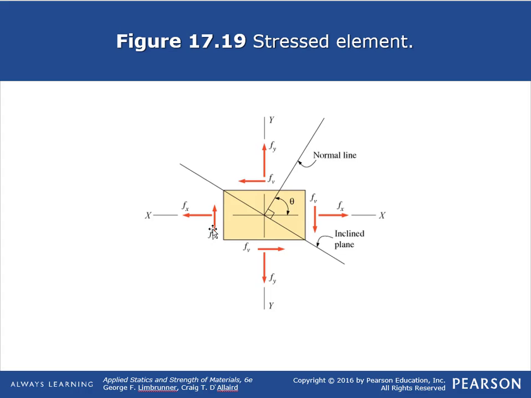We have our shear forces, we have our shear stresses, and then we have our forces. This is just a generic one. So we have shear stresses, and we also have normal stresses in the y direction and the x direction.